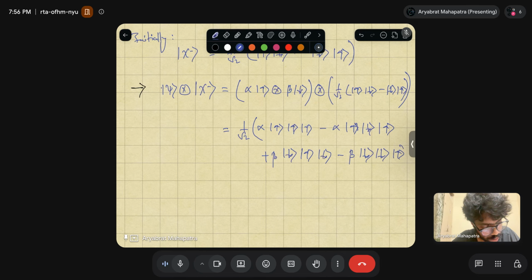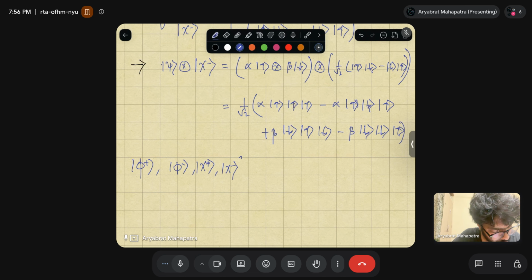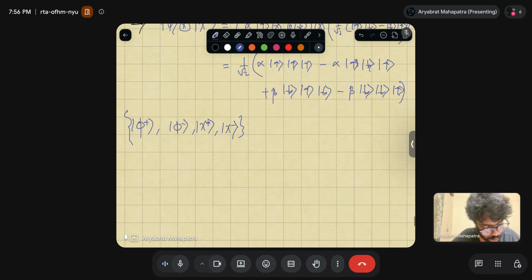And what else do you have to do now? You remember the states which we represented earlier: phi plus, phi minus, chi plus, and chi minus. Using them you can form some linear combinations.